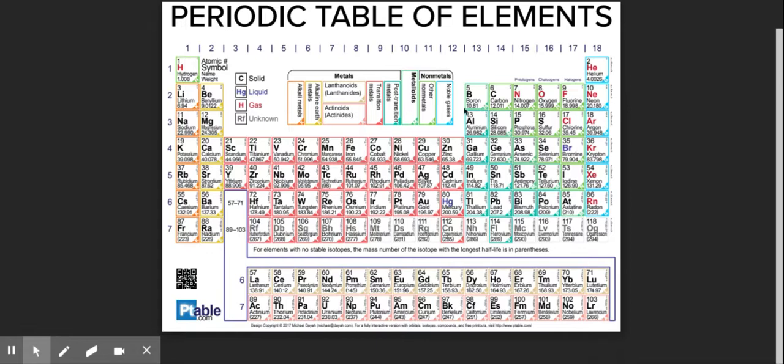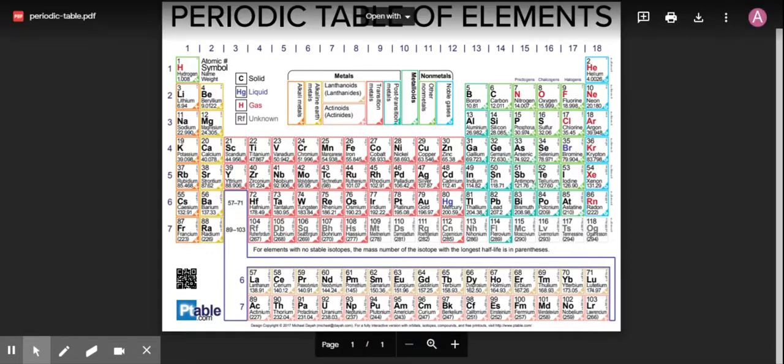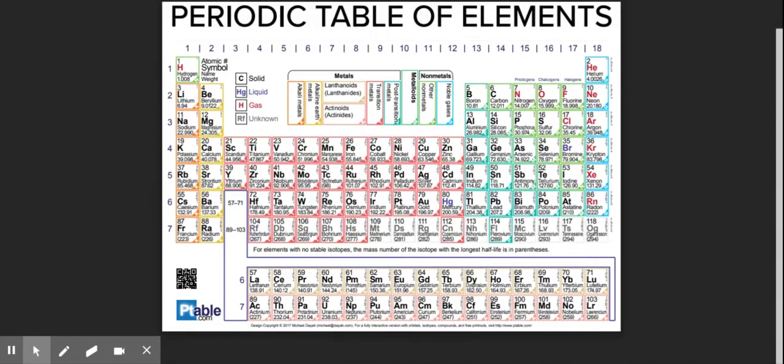Atomic mass, because I'm going to round to the nearest whole number, 11. Can we do the next one? Atomic number 6. Symbol, capital C. Name, carbon. Atomic mass, rounded to the nearest whole number, 12.